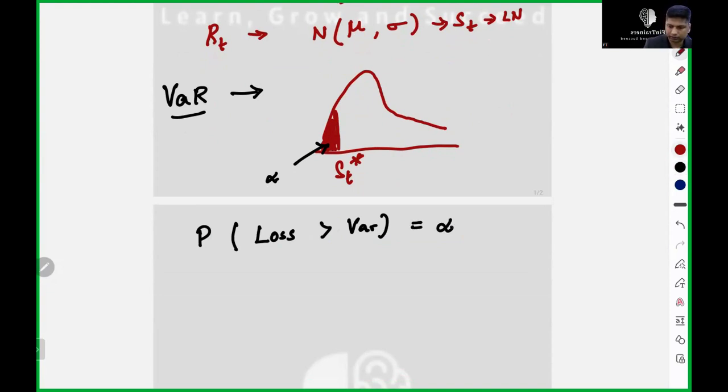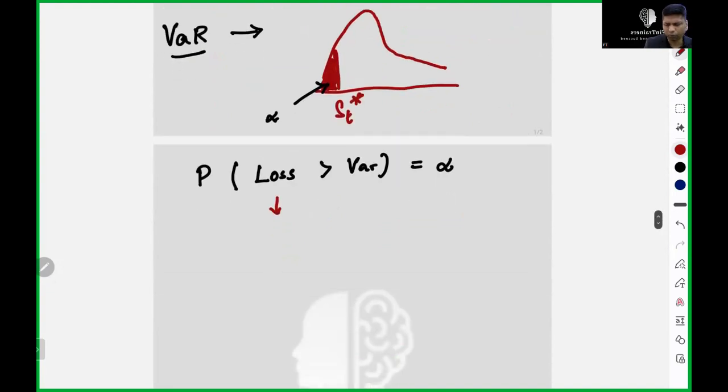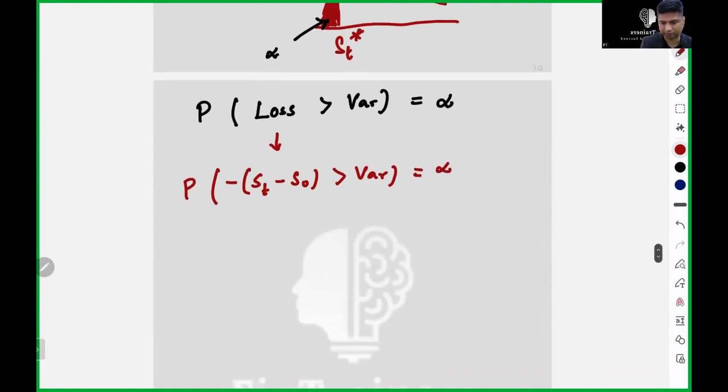Now VAR is positive, we usually express it as a positive number. So the loss, since ST is going to be lower than S0, I want to put a minus sign: minus (ST minus S0) is greater than VAR, and this probability is equal to alpha.